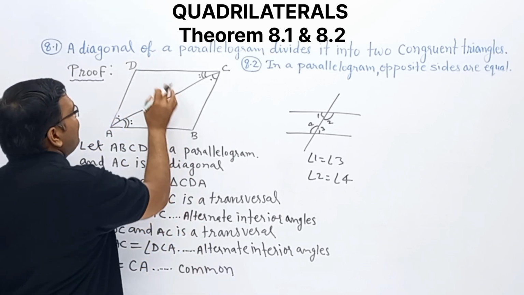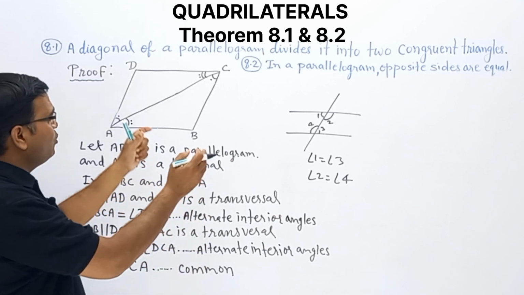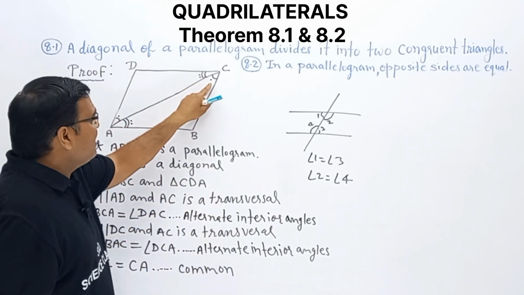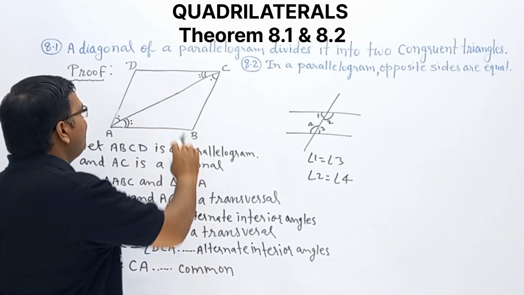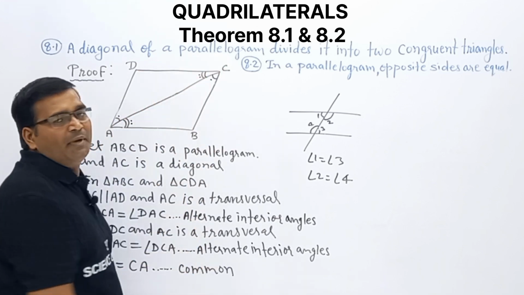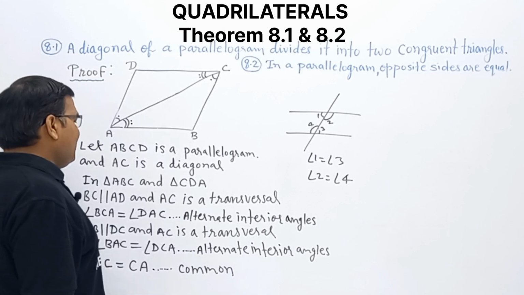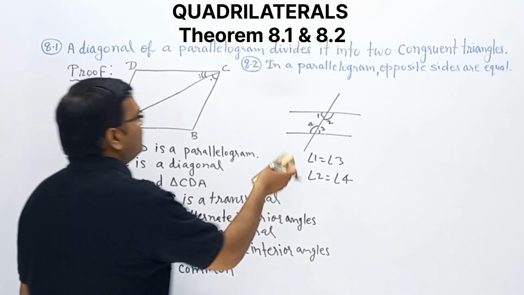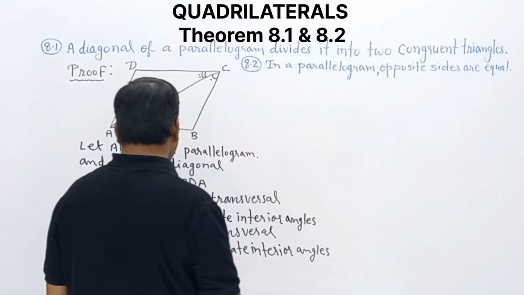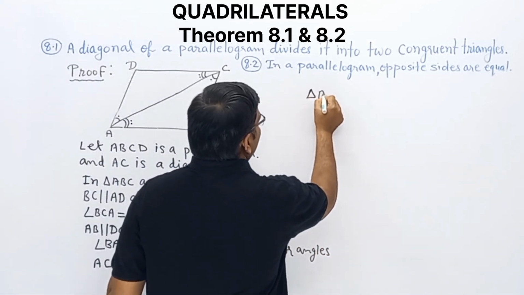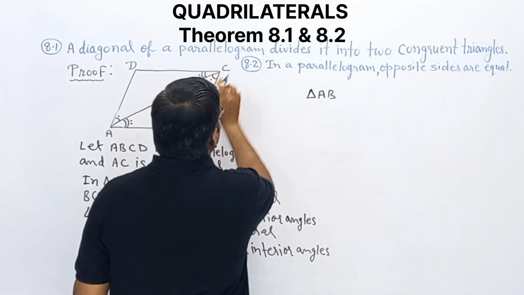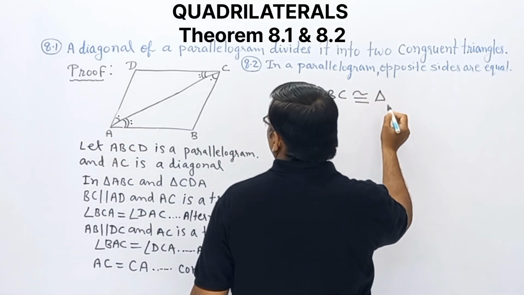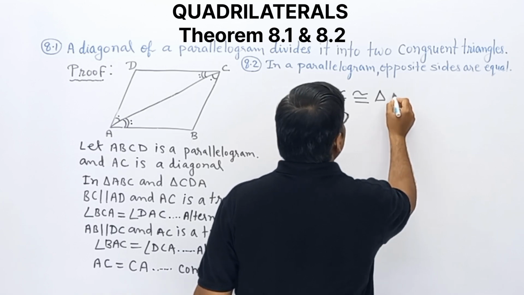So we are taking this triangle and this triangle, and by using some laws we prove that this angle equals this angle and this angle equals this one, and in both triangles this side is common. Finally, observe what we can say: triangle ABC is congruent to triangle CDA.